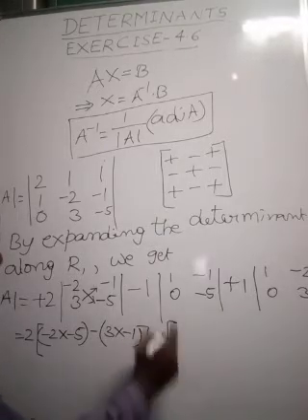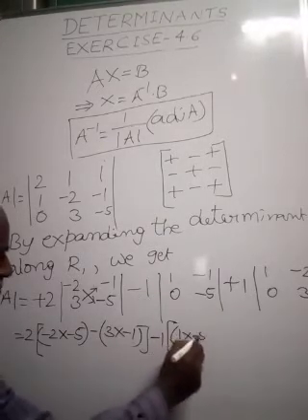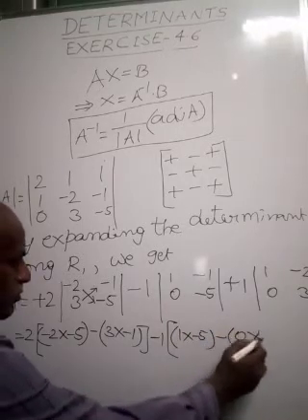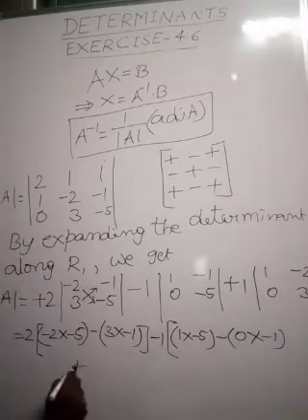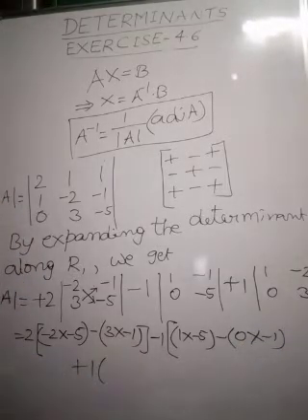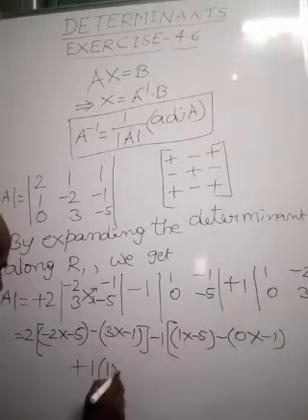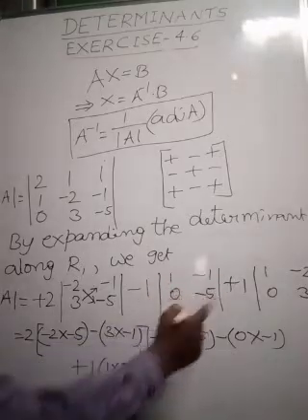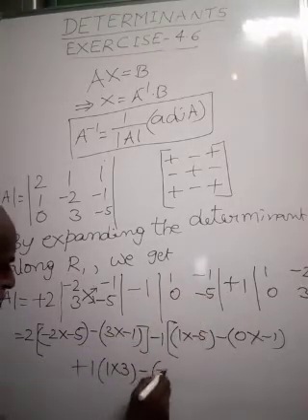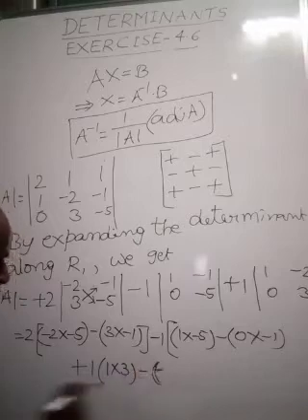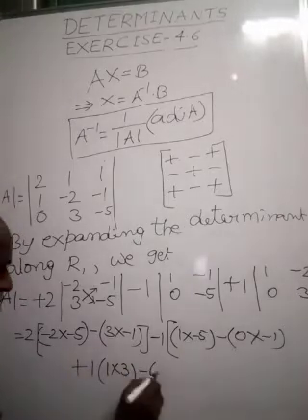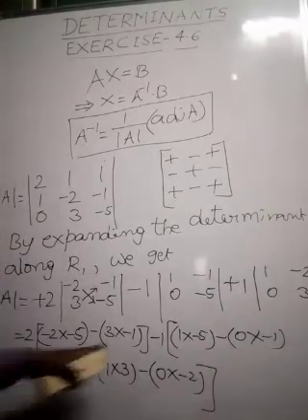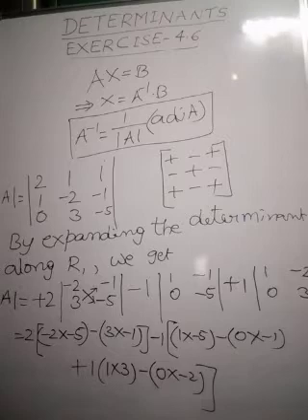Minus 1 into 1 into minus 5 minus 0 into minus 1, plus 1 into 1 into 3 minus 0 into minus 2. Understood this line, my dear children? Right.